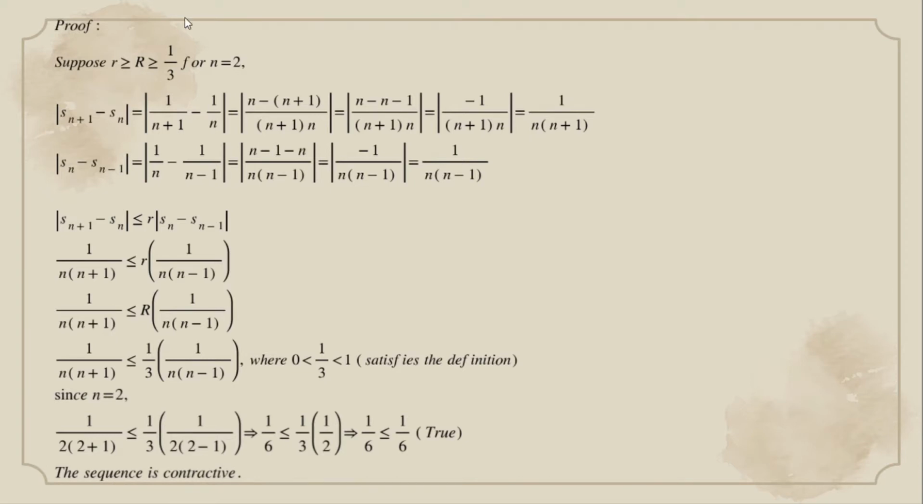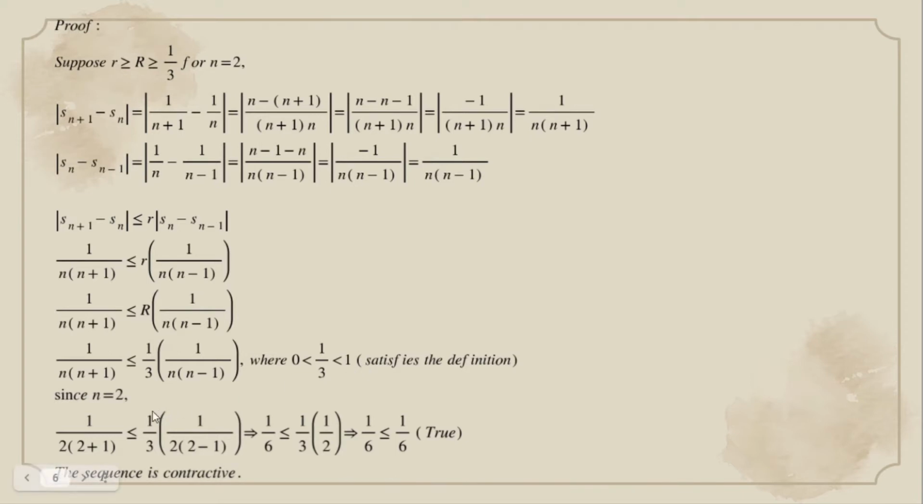So we'll construct the first and second terms again and substitute into the contractive sequence definition, and then because r is equal to capital R, we substitute capital R with 1 over 3, where the positive number r is between 0 and 1, which satisfies the contractive definition.